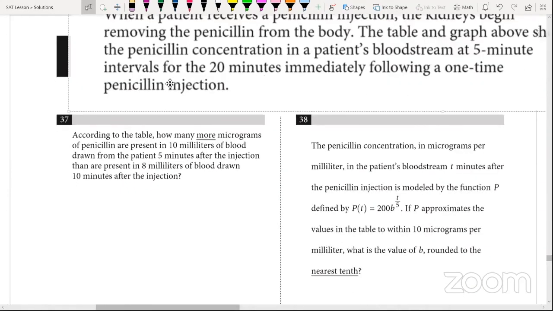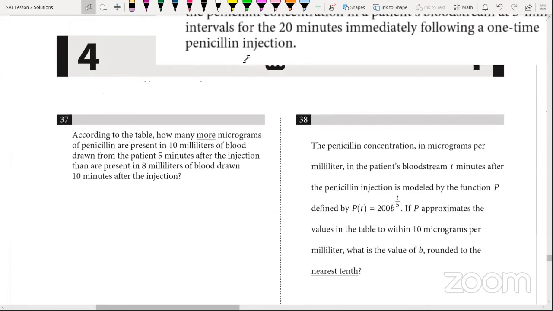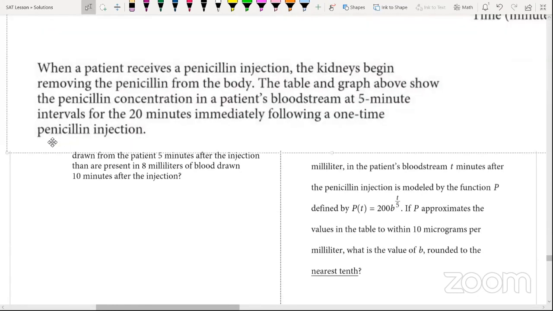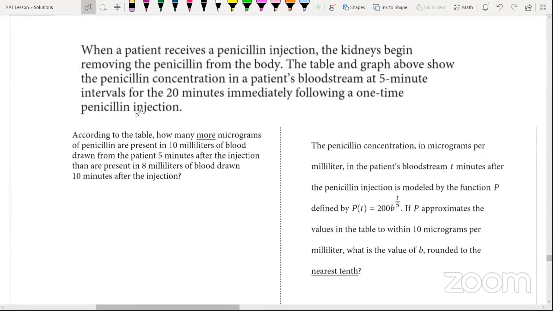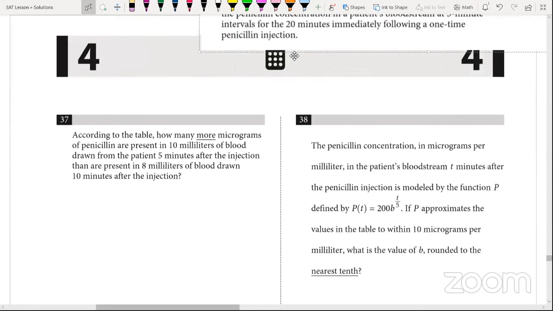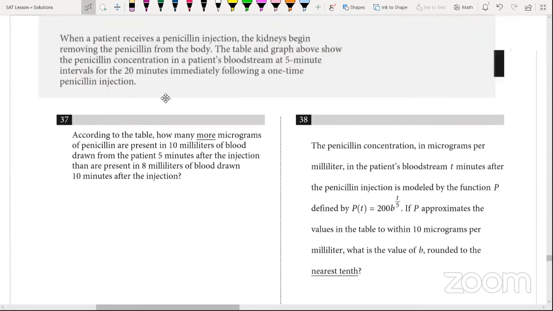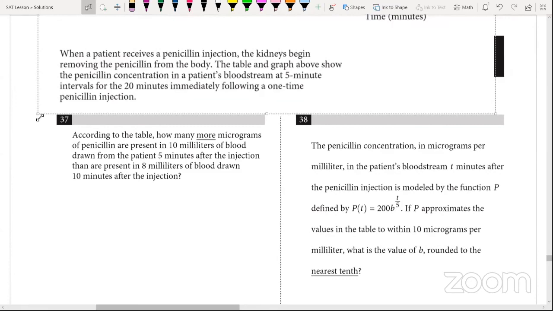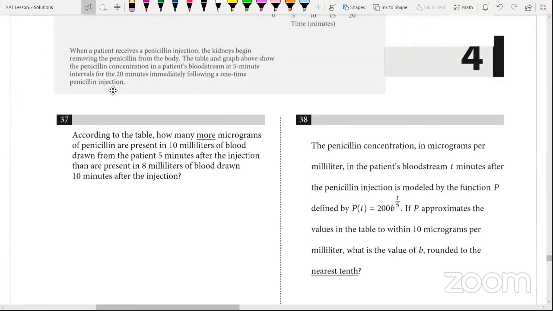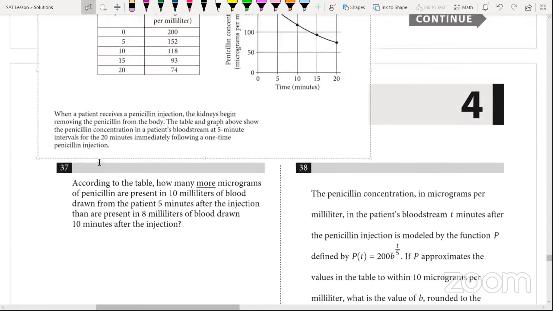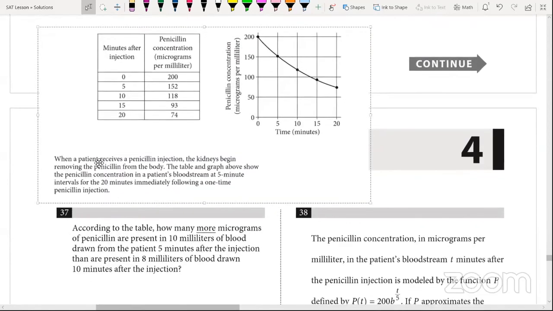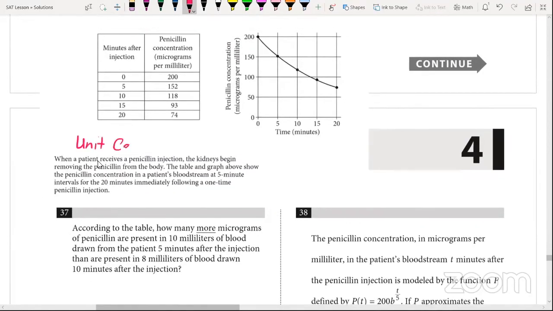But question 37 is the idea of unit conversions that come from a table. And I'll show you what that means.